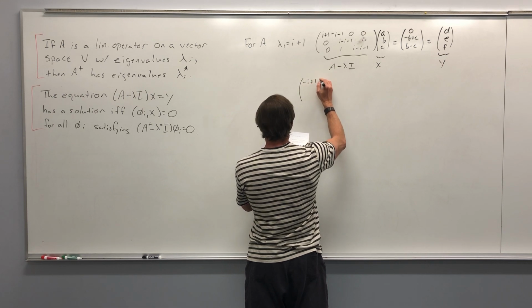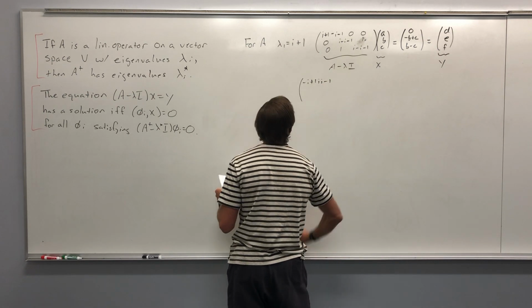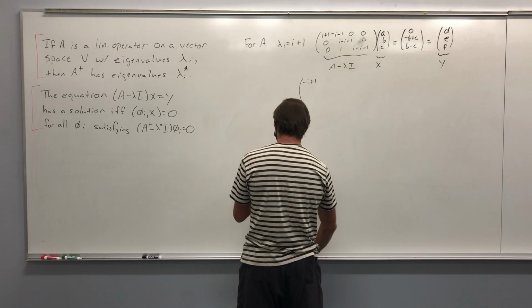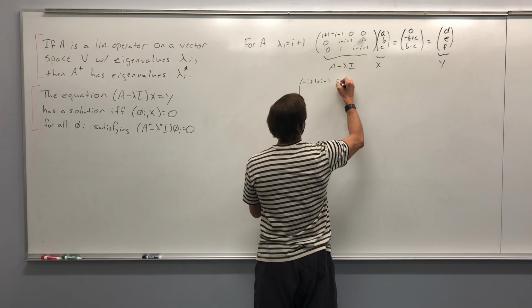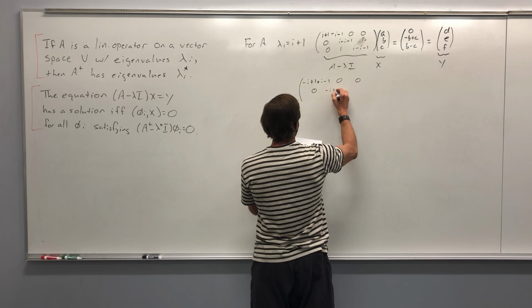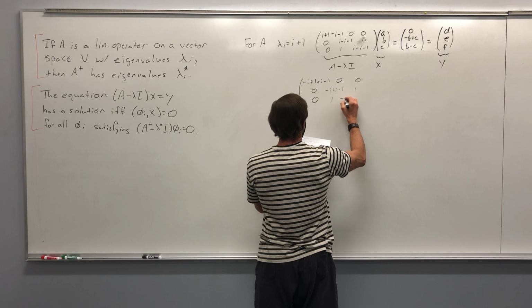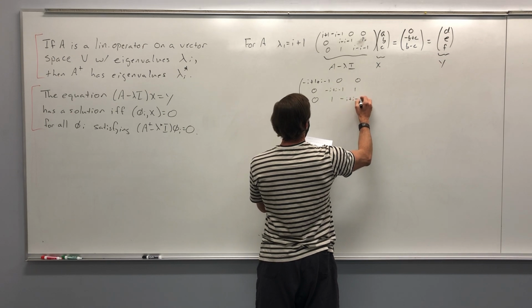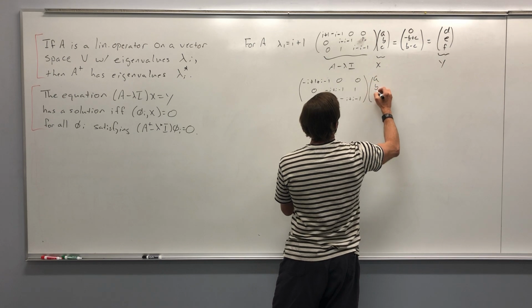So now we're going to have minus i plus 1 plus i minus 1, zero, 0, 0, minus i plus i minus 1, 1, 0, 1, minus i plus i minus 1, on a, b, c.